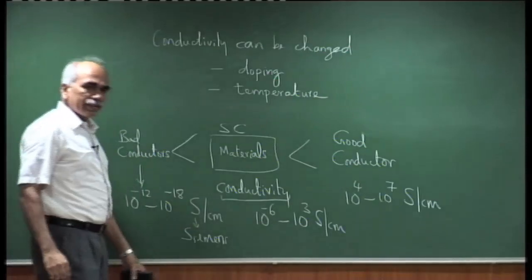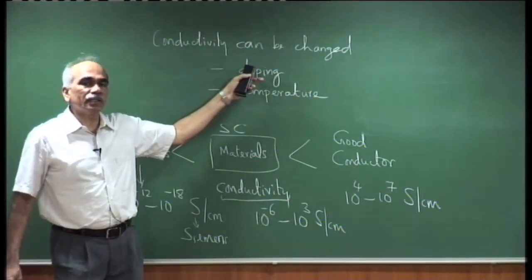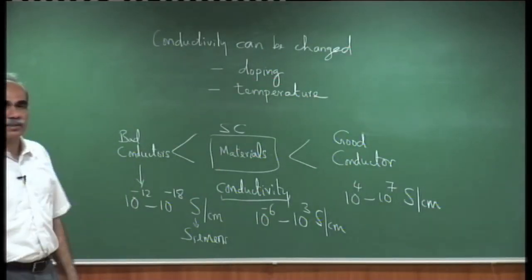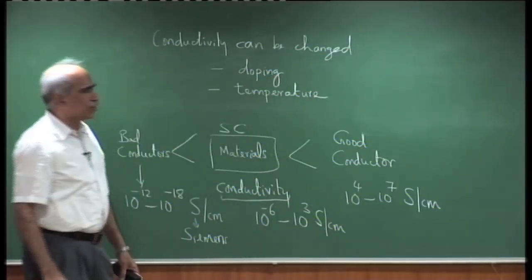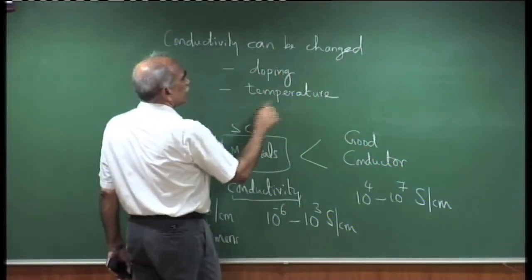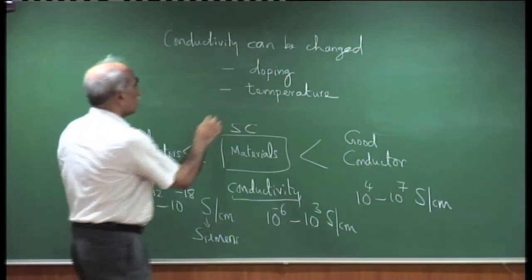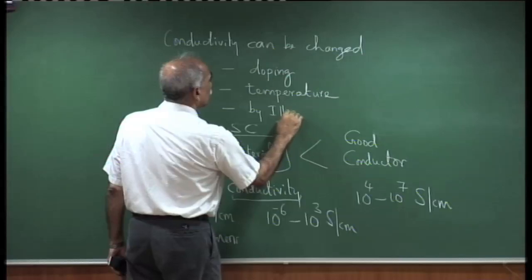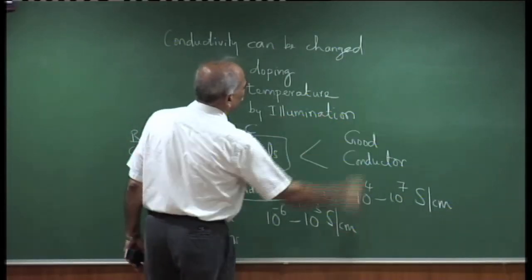as we will see later that the conductivity depends on the doping concentration. Semiconductors are normally doped; p-doped and n-doped semiconductors are used in devices. So doping can change conductivity by orders of magnitude, changing the temperature can also change the conductivity, and one can also change the conductivity by illumination with light of appropriate wavelength.